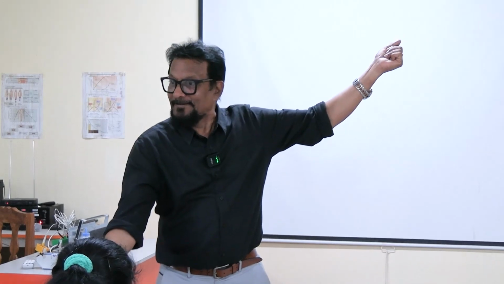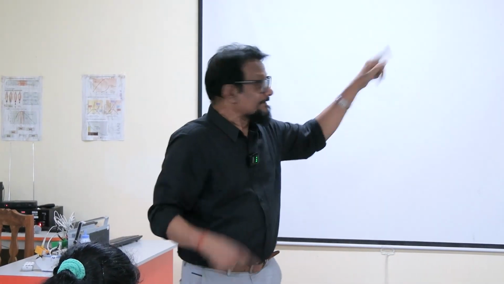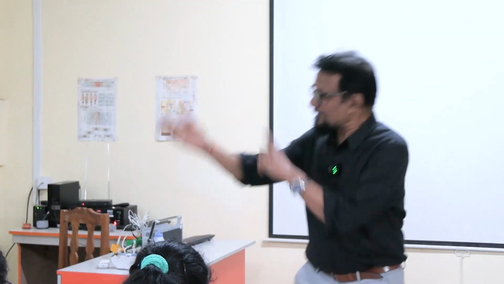Now what will I do? In the case of aVL, the positive electrode is here and all the other 3 electrodes are combined. So what is the change? This is aVL. Now the positive pole is here and the other 3 are combined. Now it is aVR.